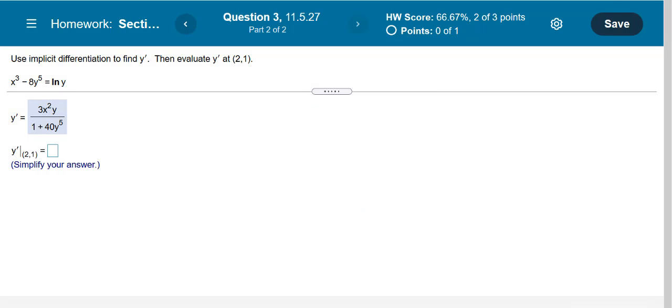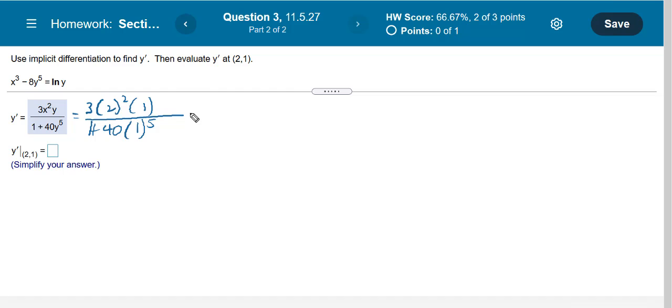And substituting the 2 for x and the 1 for y would give a 3 times 2 squared times 1 on top, 1 plus 40 times 1 to the 5th on bottom.